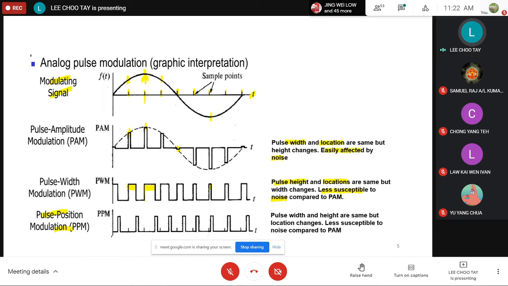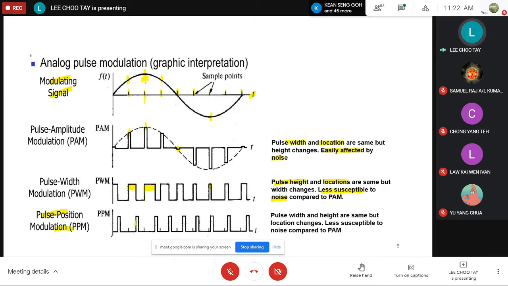In this one, if you look at the waveform carefully, the pulse height is the same throughout, and the pulse width is also the same throughout. But the time when the pulse appears depends on the amplitude of the modulating signal. Let's take one obvious example.